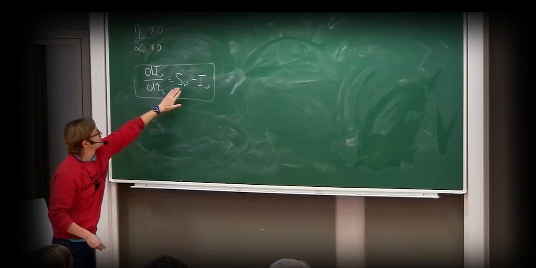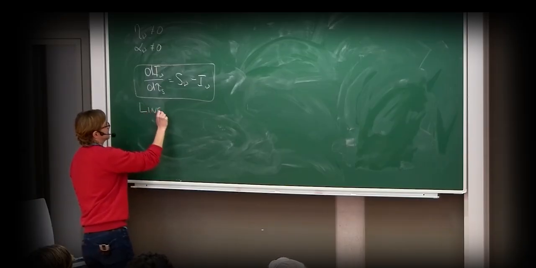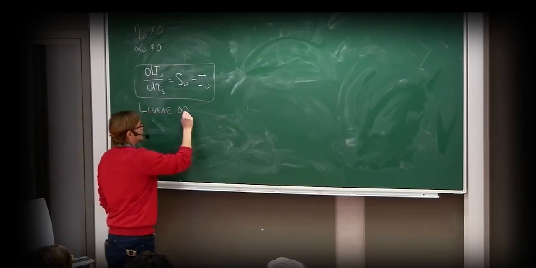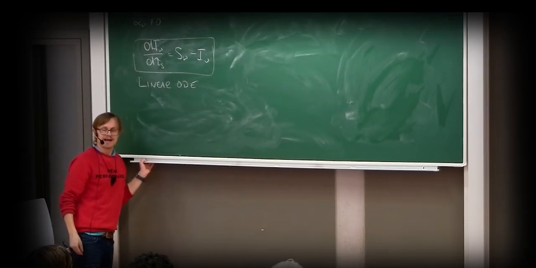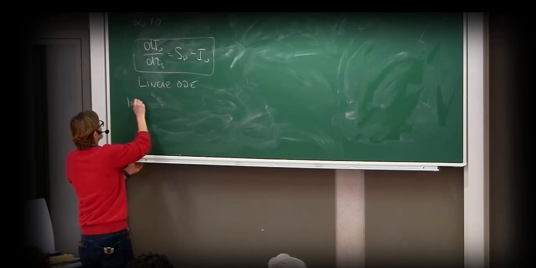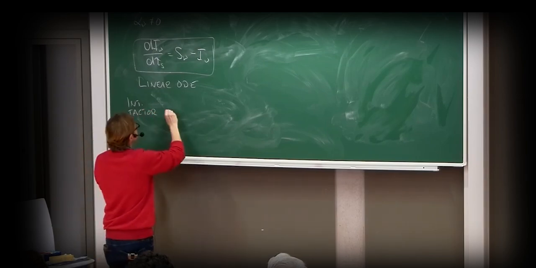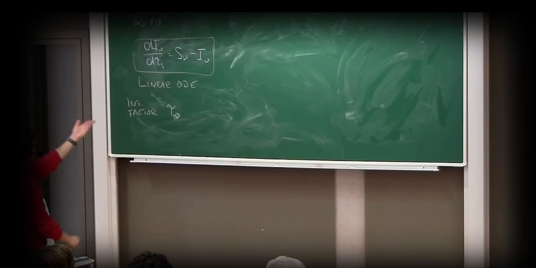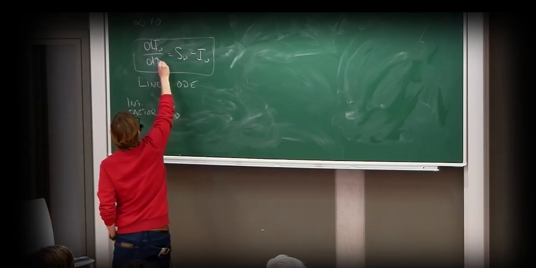So, if we assume that we know that, then we can see that this is a linear ODE. Okay? And that we also had in Calculus 1. Yes? We know how to solve this. We can solve it with an integrating factor. In this case, we can just read off from the equation that the integrating factor will be e to the tau nu.